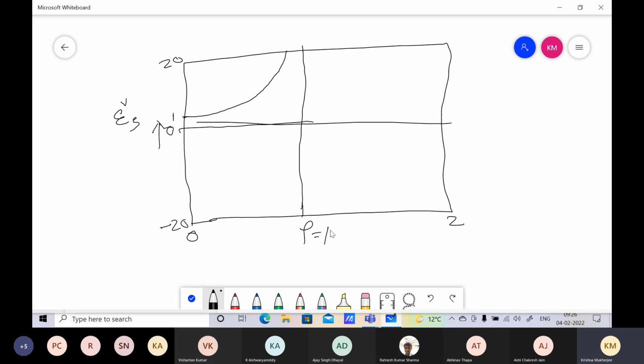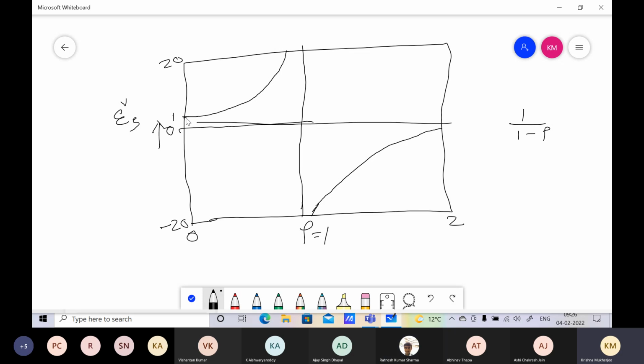What about when rho values are greater than 1? Just beyond 1 it is minus infinity. As rho goes to very large numbers, 1 over 1 minus rho approaches 0.